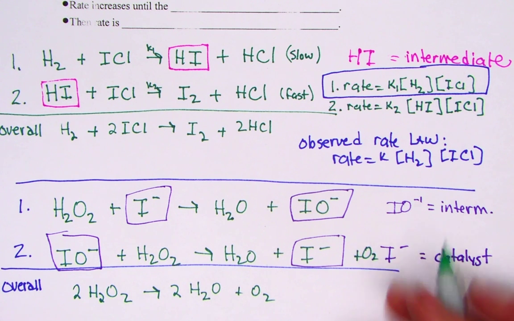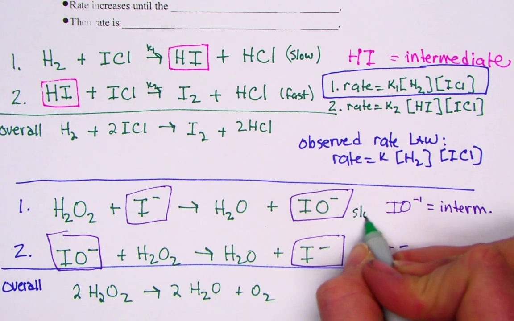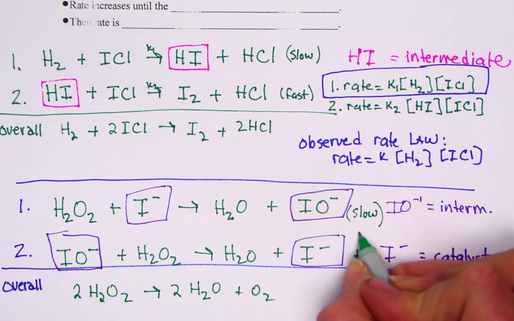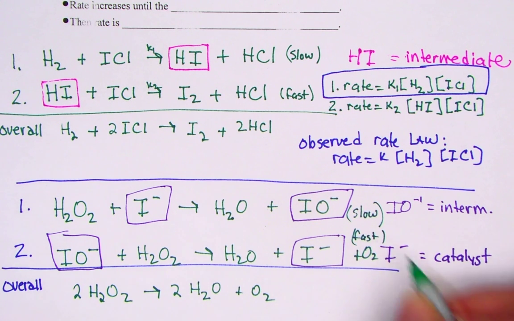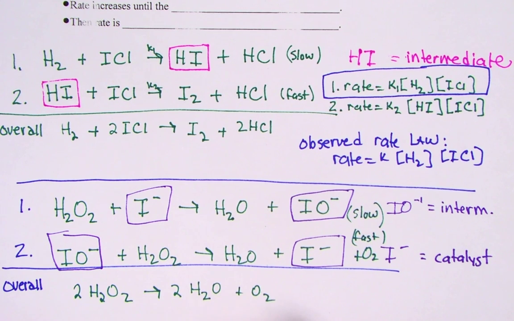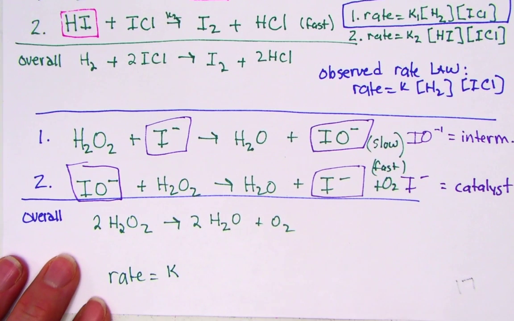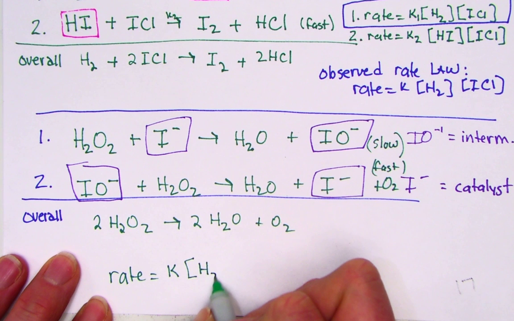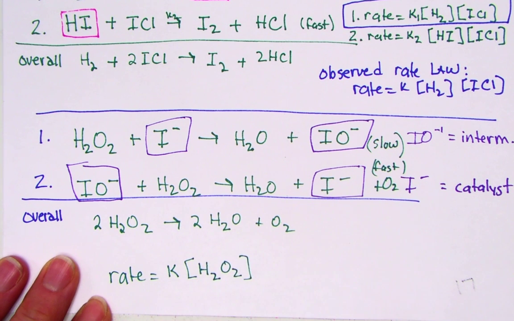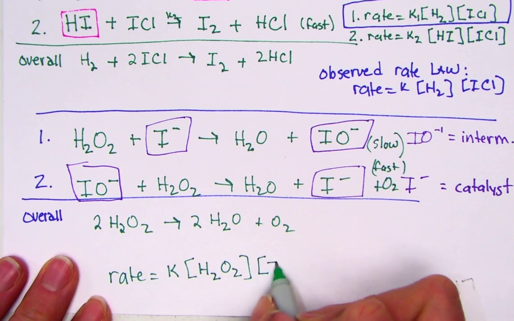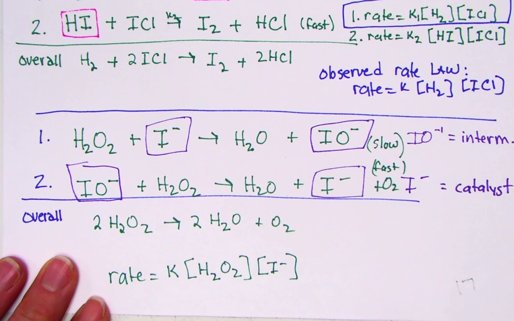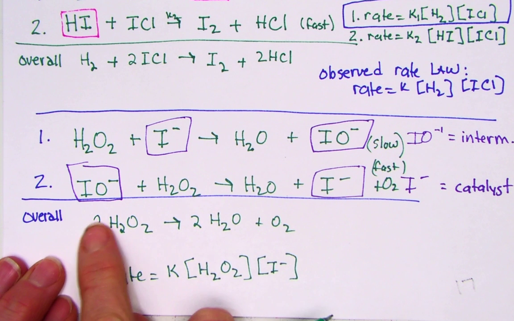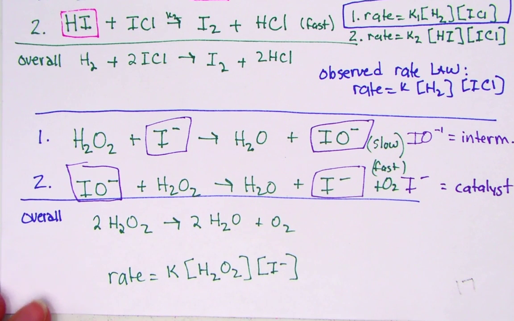And if the first step is the slow step, comparatively to the second step, which we could say is faster, the observed rate law comes from the rate determining step. Rate is equal to K times the concentration of H2O2 and I negative. The catalyst appears in the observed rate law. It does not appear in the overall observed balanced equation.